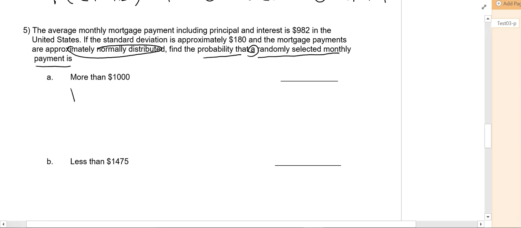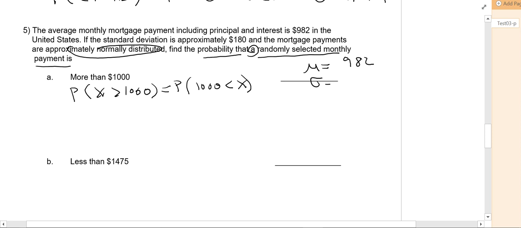So the probability that X is more than 1,000, which is really the same thing as the probability that 1,000 is less than X, I need to get to the table. I get to the table by finding the mean, which is given in the problem, the standard deviation, which is given in the problem.